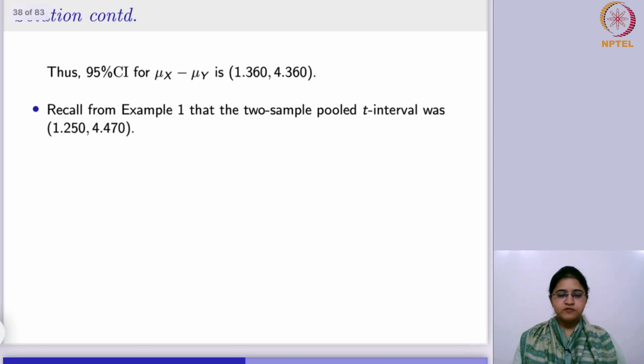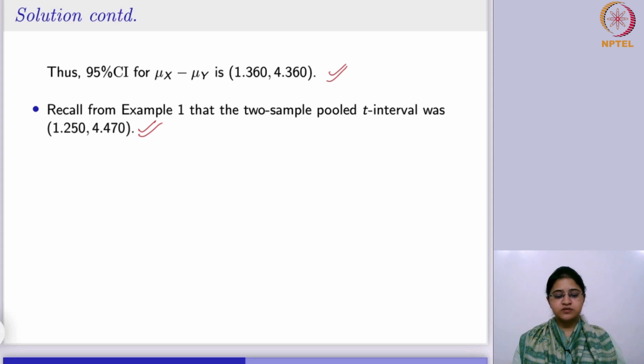Now if you recall from the first example, we had the same setup and we solved it using both the theorems. In the first theorem, we obtained the two sample pooled t interval. If you apply that concept, then the interval was 1.250 to 4.470, and in this case it is this.